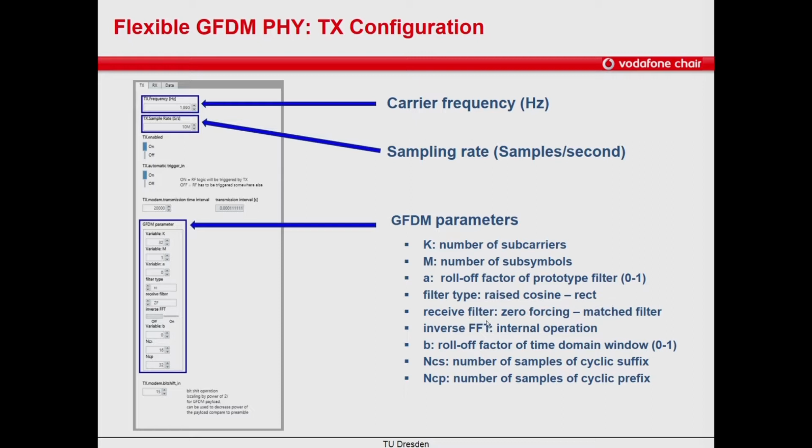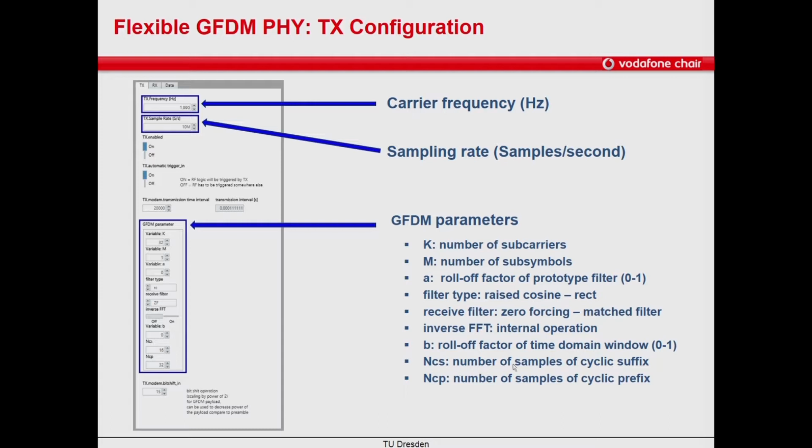At the receiver, we can select zero forcing or matched filter. Inverse FFT is an internal parameter, and we will leave it off. In GFDM, we perform time domain windowing, and V refers to the roll-off factor of the time domain window. It can take values between 0 and 1.